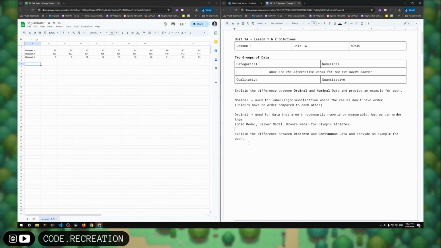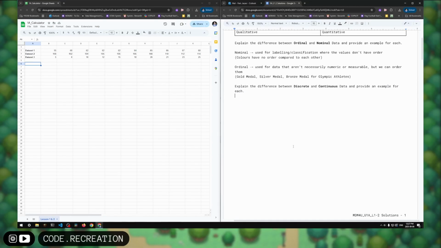All right, next question. It says, explain the difference between discrete and continuous data. Discrete data you can see as almost finite, countable, whole numbers, positive and negative. They can't be divided into fractional portions or be in a decimal.